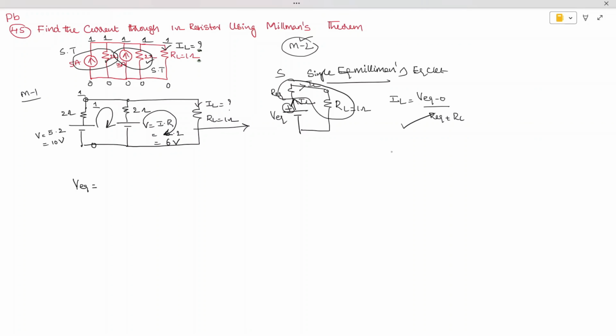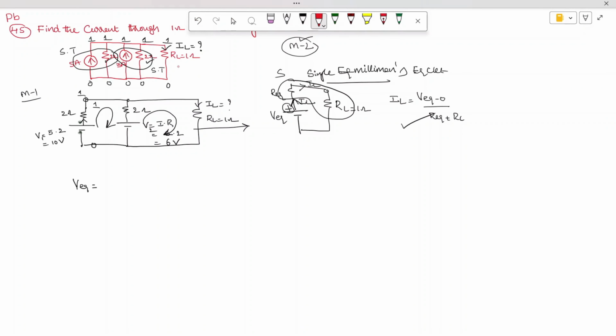Let's mark this V1 and V2. I'm taking the current in this direction. So I can write this as V1 into 1 by R1, since the current is also in this direction, plus V2 into 1 by R2. 1 by R1 is nothing but conductance, and 1 by R2 is also conductance, divided by 1 by R1 plus 1 by R2.